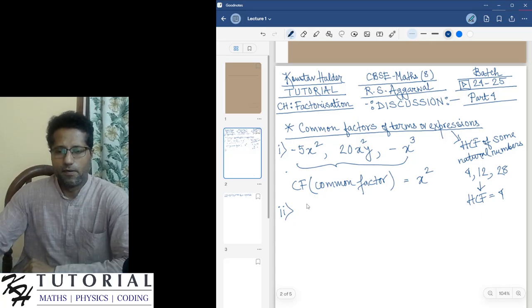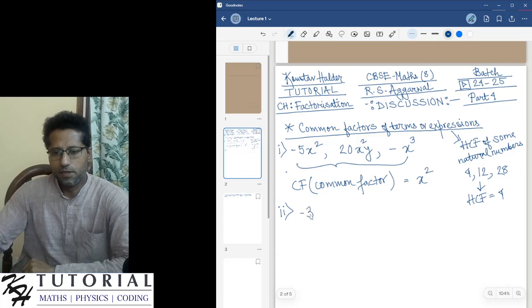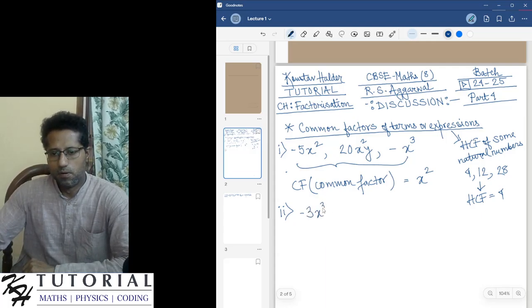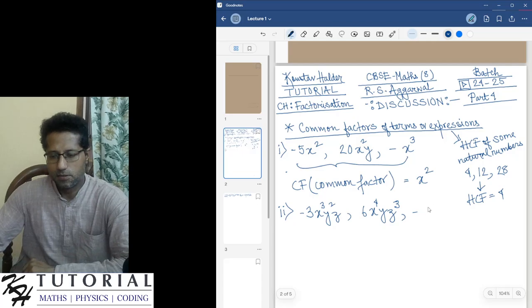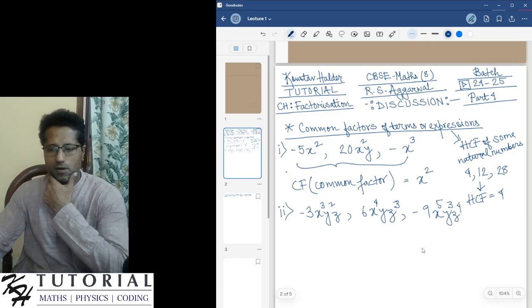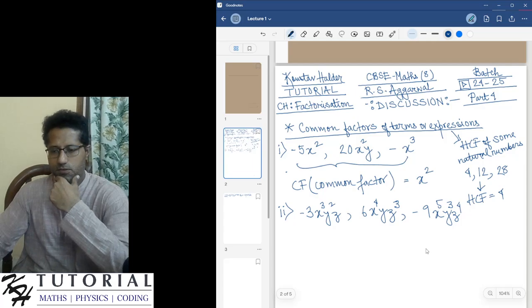Let's say we have minus 3 x cube y square z, 6 x to the power 4 y z cube, and minus 9 x to the power 5 y cube z to the power 4. So what will be the common factor of these three terms?